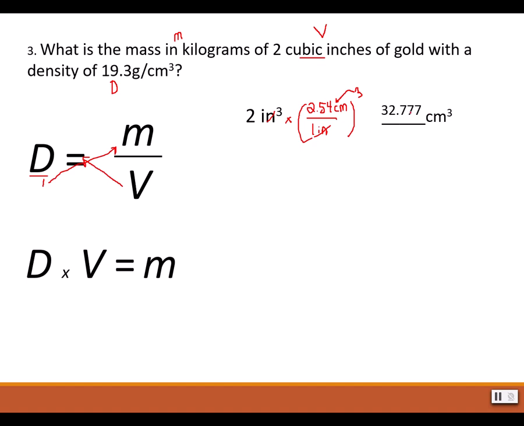It comes out of your calculator. But remember, don't round it or do sig figs just yet, because we need to go ahead and use that number to do our density equation. So we have our density multiplied by our volume, so our density was given.